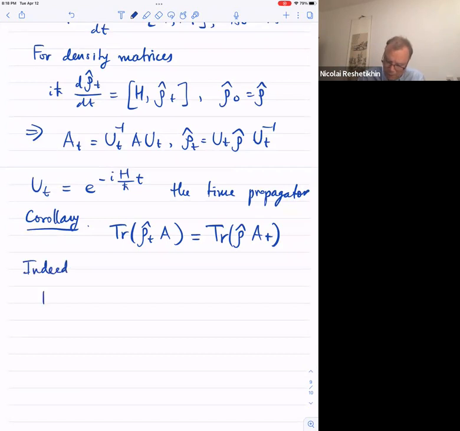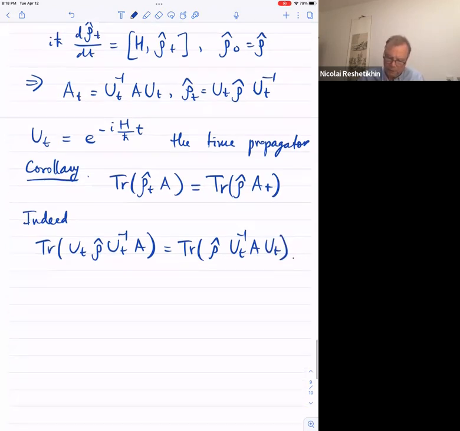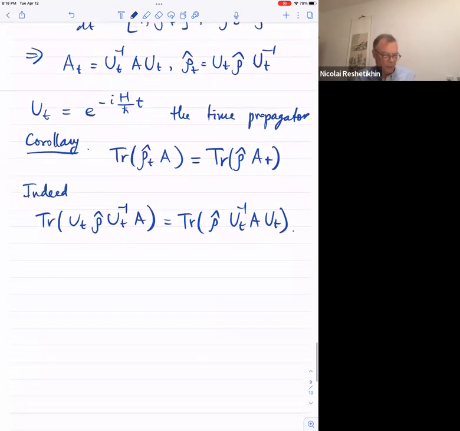The proof is trivial: I use this formula for the evolution and the cyclic property of the trace, and I have the evolution of A. Okay.